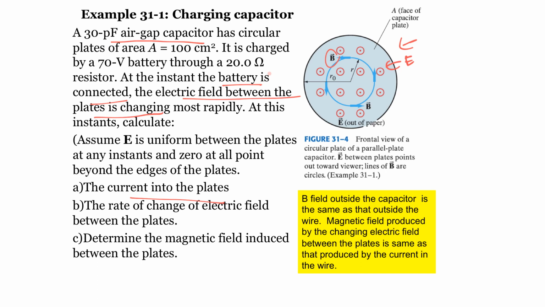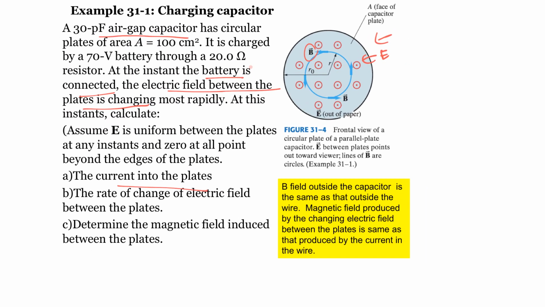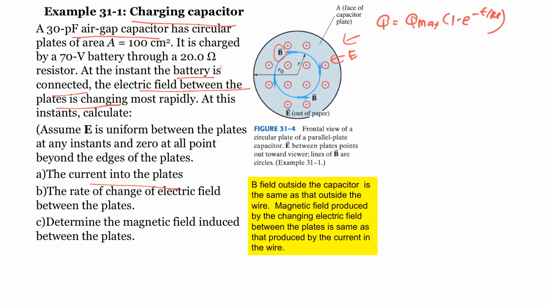We have a 70-volt battery and a 20 ohm resistor. Basically you can just use V equals IR, but the question is about a charging capacitor. For a charging capacitor, you have the formula Q equals Q max times 1 minus e to the negative t over RC. Recall the formula. The Q max is basically CV naught.